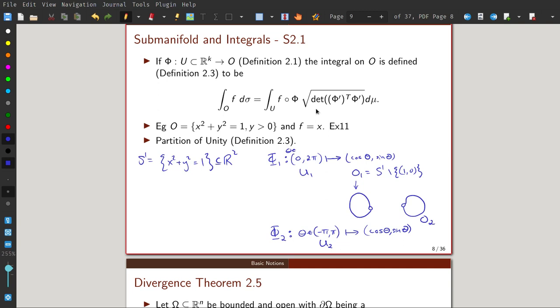Okay, so what do we have? Instead of integrating over O directly, we integrate over the parameter space U, where the parameterizing function comes from. We compose f with the parameterization to make it a function on U. We have a factor here that depends only on the parameterization, and this measures how stretched or how contracted the parameterization is.